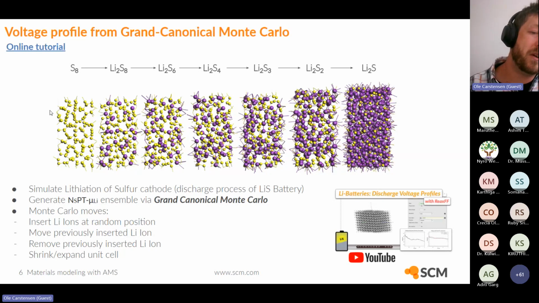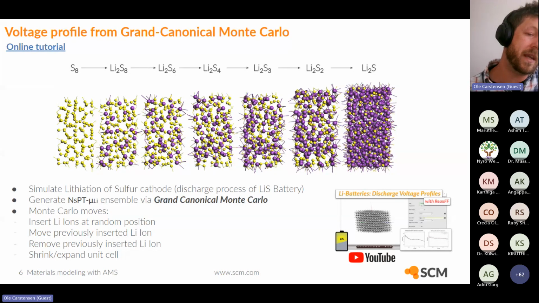And what we want to simulate is the increasing intercalation of lithium into this sulfur structure, as sketched here on the top. At the stage where the intercalation is complete, the battery would be discharged. The way we can do this is by running a Monte Carlo simulation, which we use to generate a grand canonical ensemble.